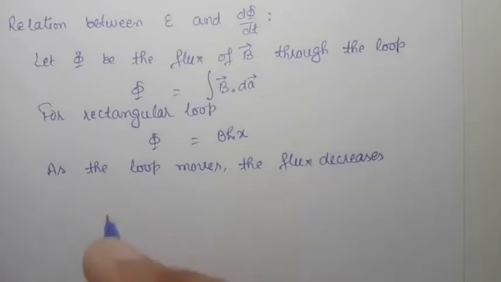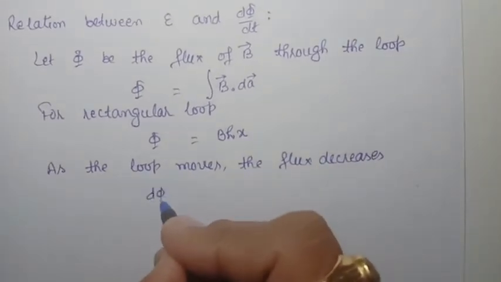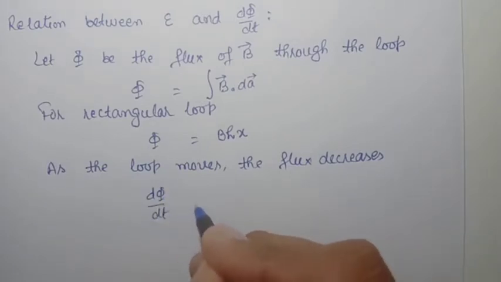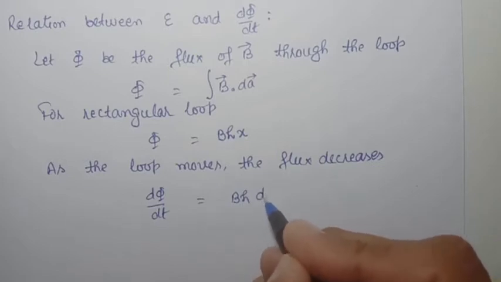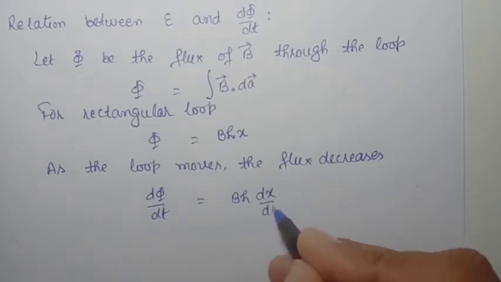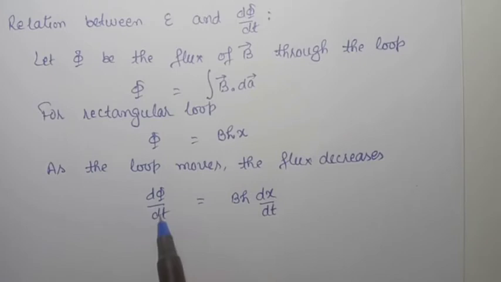That is, d phi by dt is equal to BH dx by dt. So rate of change of flux is equal to BH dx by dt, or we can write BH times the velocity, and here we have a negative sign. Suppose this is equation number 2.